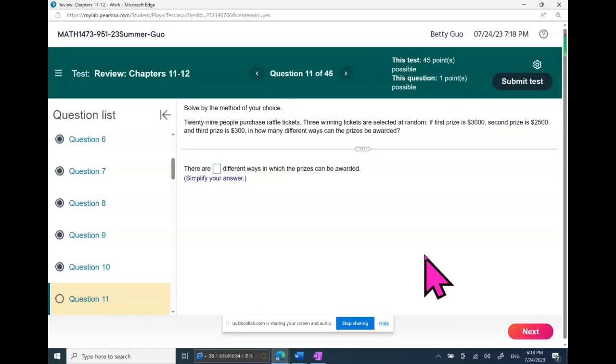This is a permutation problem because the order of the three people matters. You get 3,000 and I get 2,500 would be different from I get 3,000 and you get 2,500, right? So this is definitely a permutation problem. The order matters, and we choose 3 from 29.